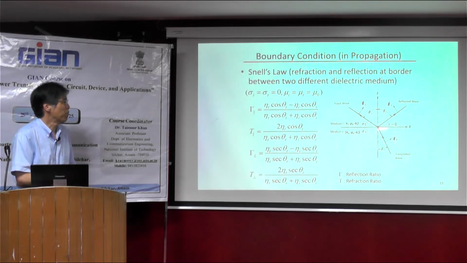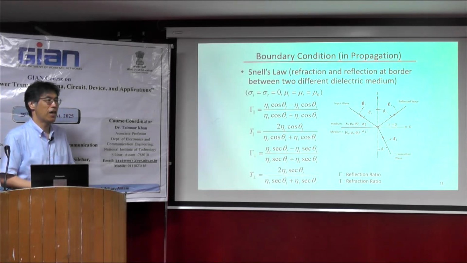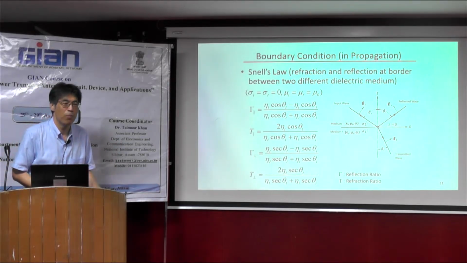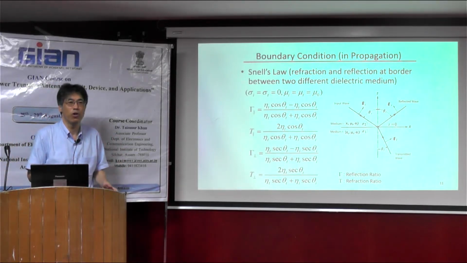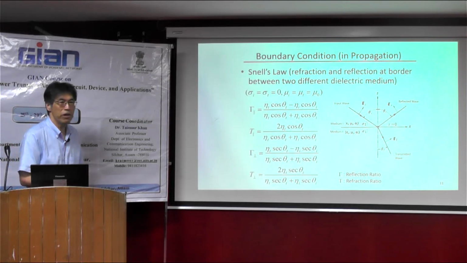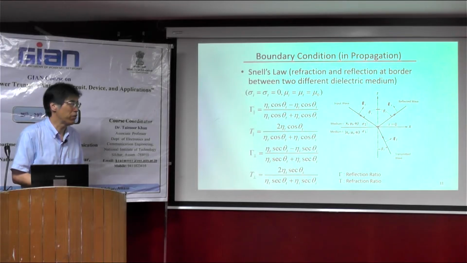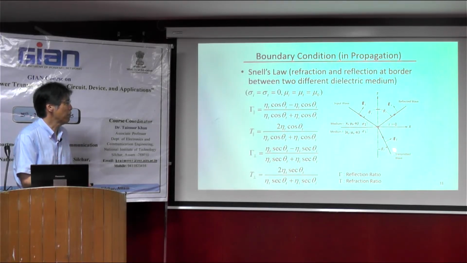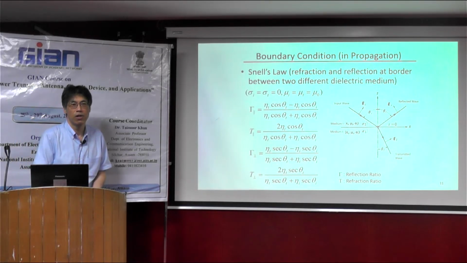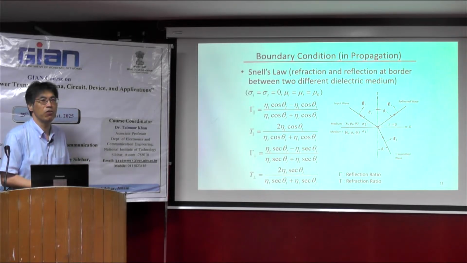So even in different media, where propagation speed is different or impedance is different, there is no special point when we solve Maxwell's equation. So to satisfy all of Maxwell's equations in all areas, unfortunately or fortunately, this wave refracts to this line, and part of the wave reflects to satisfy the boundary condition. So this is the meaning of Snell's law.